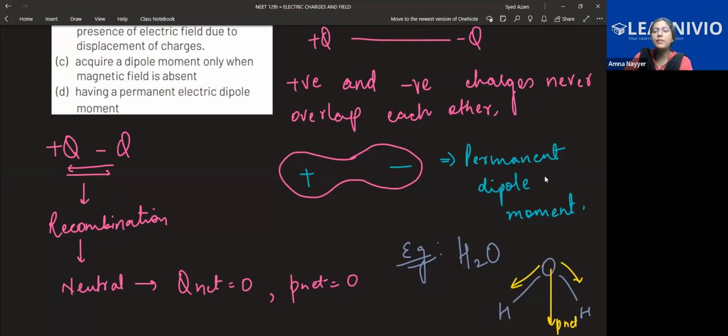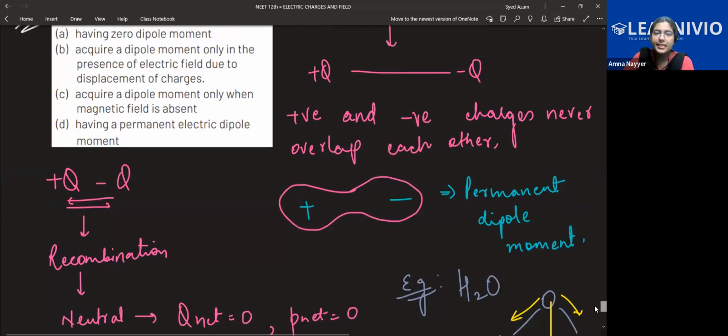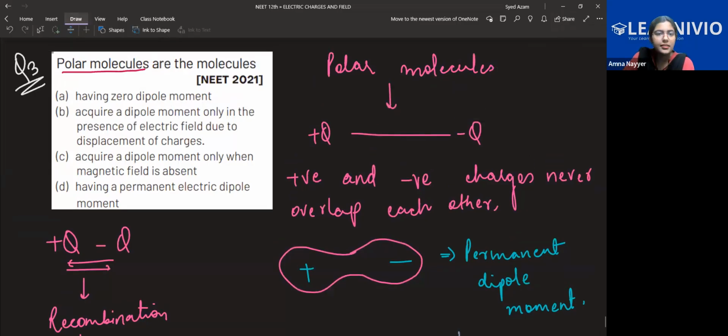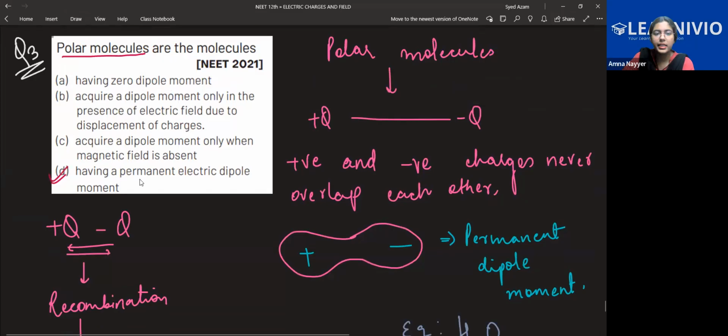This is what is meant by polar molecules, and non-polar will always recombine. This is related to your second chapter also, where we'll study this part. Potential is also involved in it. So the correct answer is option D: they have a permanent electric dipole moment because the net charge is never zero. Q net will not be equal to zero. Class, is this question clear?